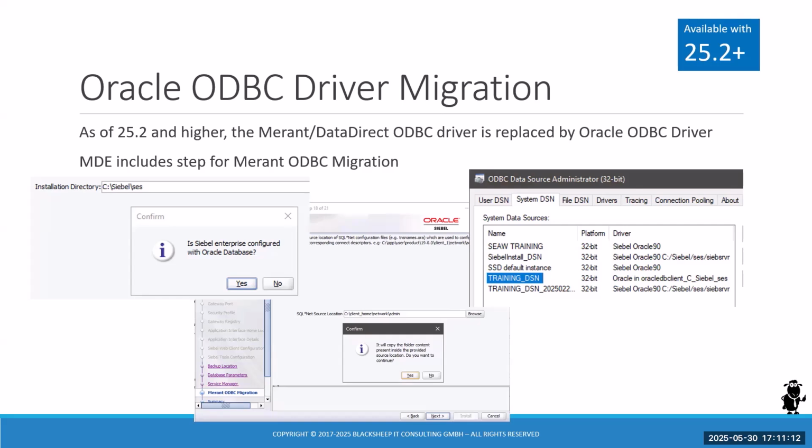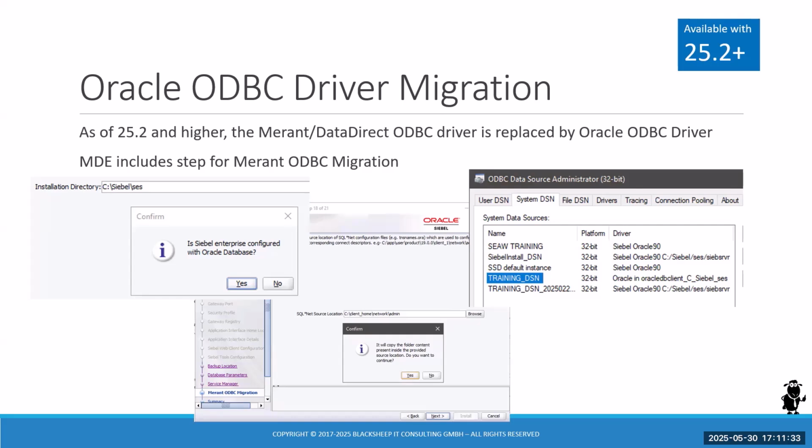And there's also another thing, the ODBC driver that is used, for example, by the command line utilities. A lot of them are used in migration or post-install database update, and they use the ODBC connection.